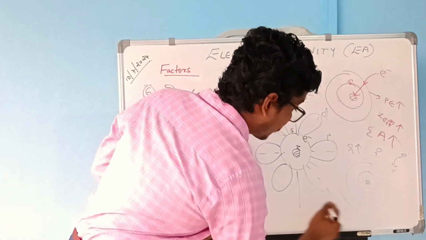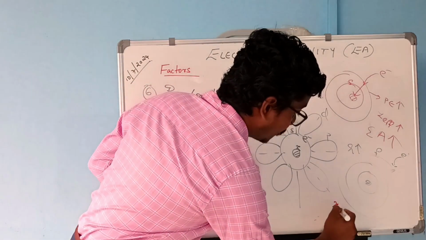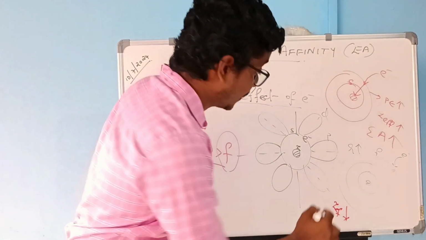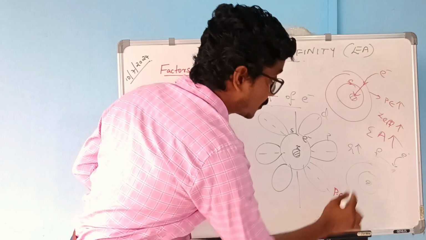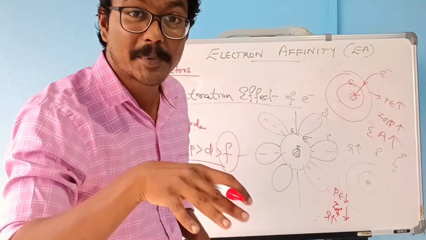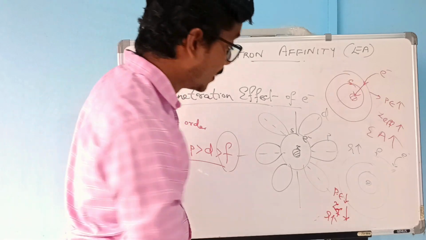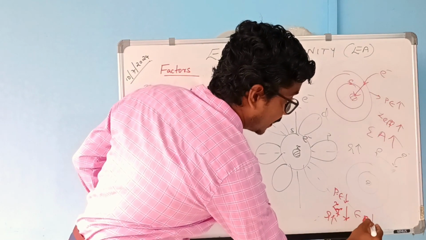So what will happen? The effective nuclear charge decreases due to the increase in size, and the penetration effect is also less because the electron is added onto a subshell with very low penetration effect. This will decrease the electron affinity.